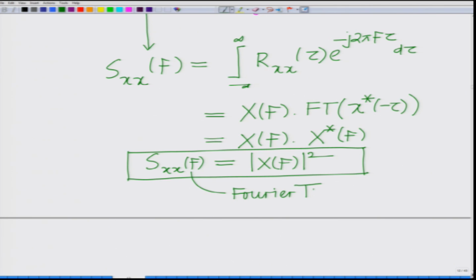The Fourier transform of the autocorrelation, Sxx of f, the Fourier transform of Rxx of tau, is nothing but magnitude X(f) squared, where X(f) is the Fourier transform of x(t).